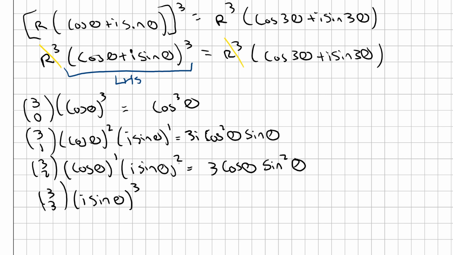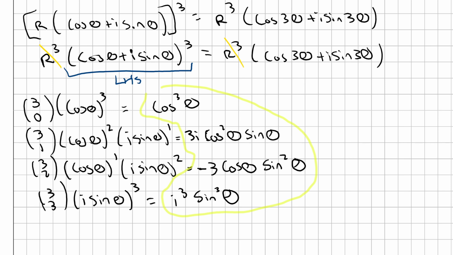And remember, i squared becomes minus 1, so you just get a minus in front of the 3. Finally, 3 choose 3 is 1, so that becomes i cubed sine cubed theta. So that's the left hand side worked out.